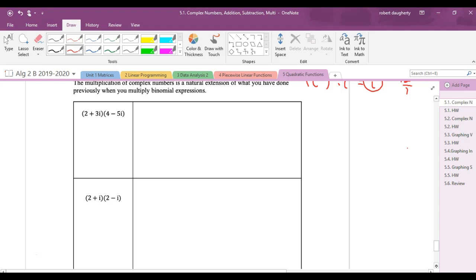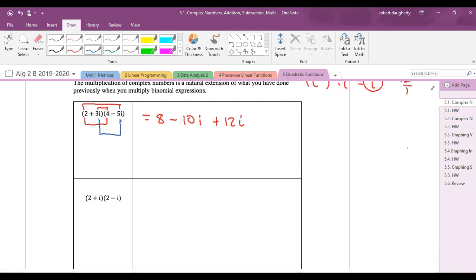Okay. So if I multiply these first 2 numbers together, what do I get? 8. If I multiply the outside numbers, what's 2 times negative 5i? Negative 10i. If I multiply the inside numbers, what is 3i times 4? 12i. And then if I multiply the last numbers together, what is 3i times negative 5i?